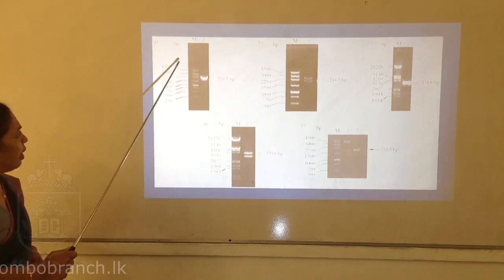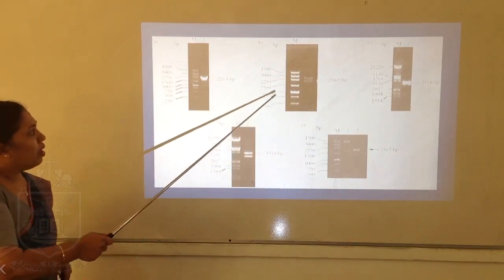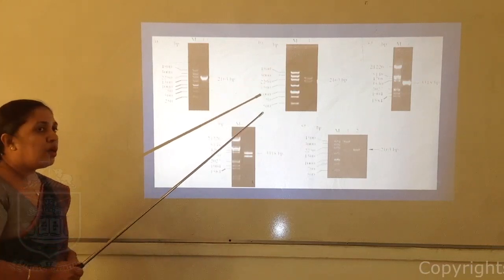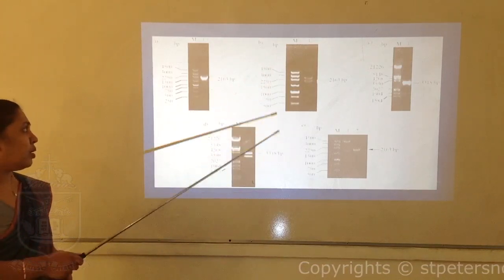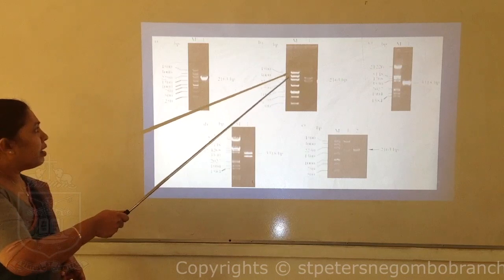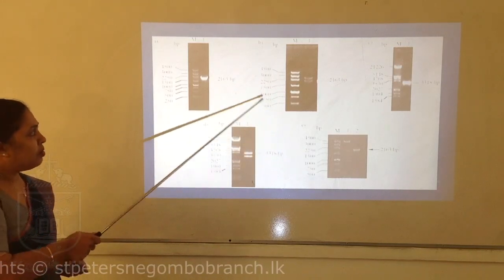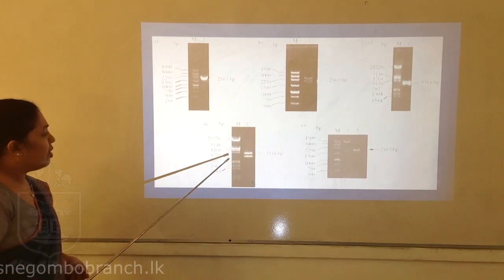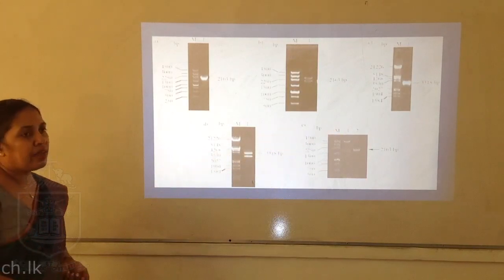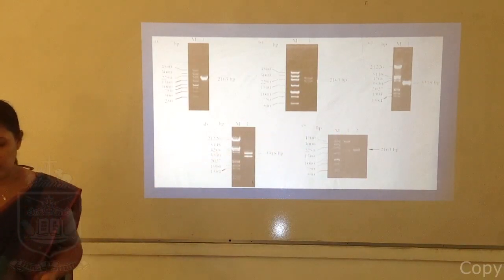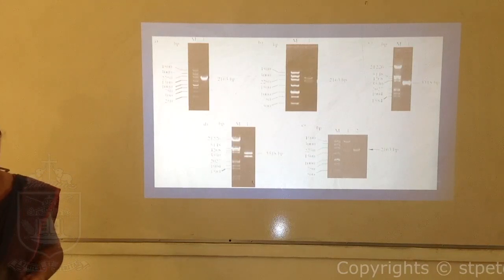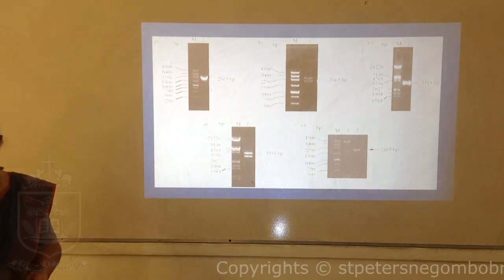These are DNA marker ladders showing some values, because we can understand the size of the DNA fragment using the marker ladder. These are different genes having different sizes. From the marker ladder we can get the size of the DNA fragment, and then we can identify the DNA fragment easily.